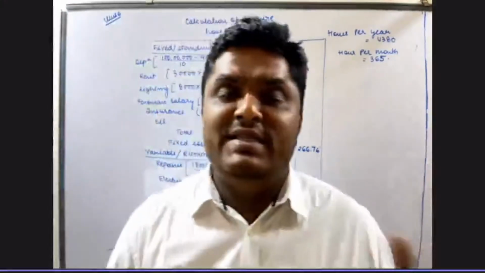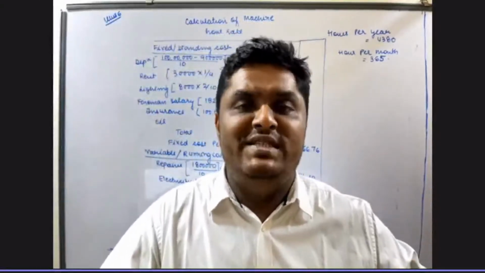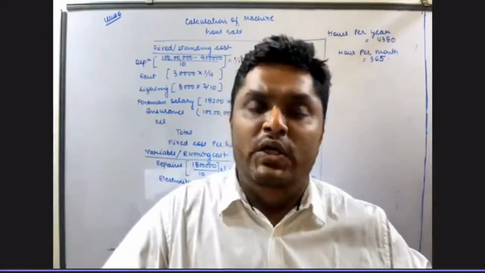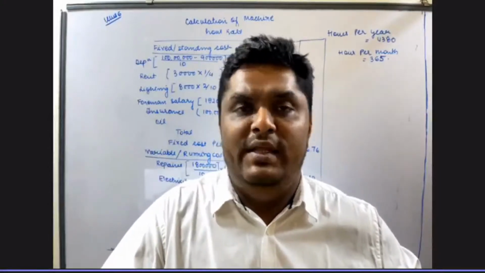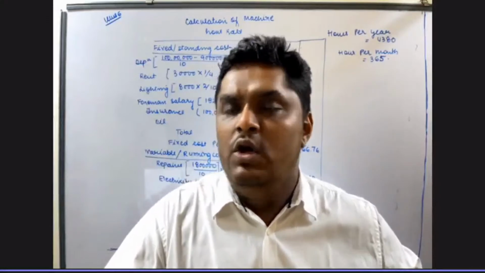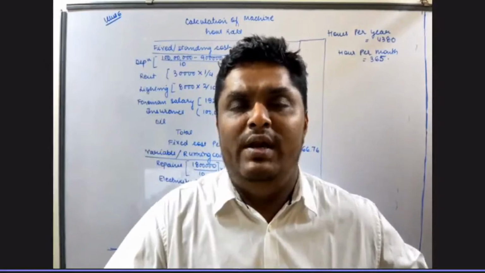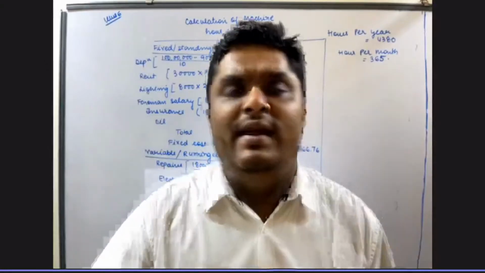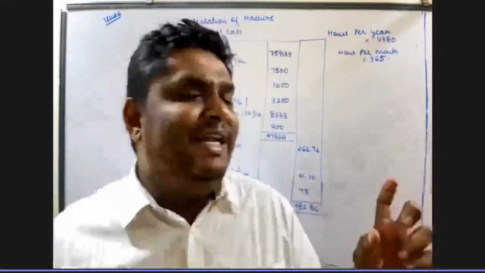Guys, this is the correct solution. Plus, there is a small mistake in the study material. You can get this rectified or revised study material on the ICAI portal. So you can download the fresh study material from the ICAI portal. There is a small mistake wherein they have considered insurance on 91 lakh rather than 1 crore.